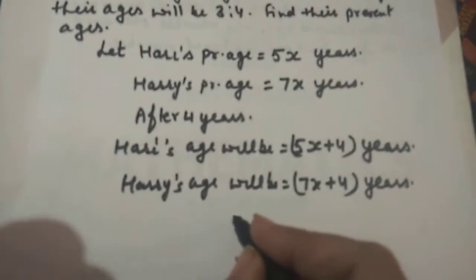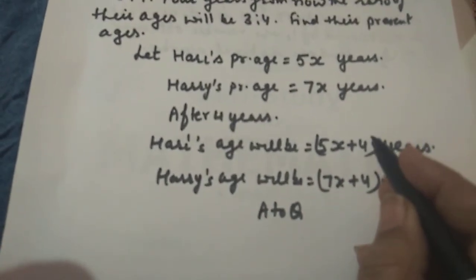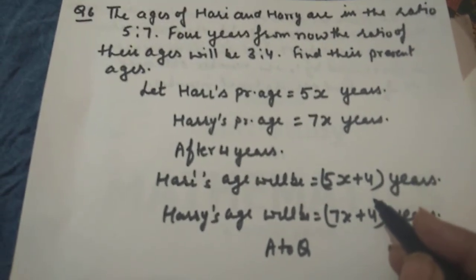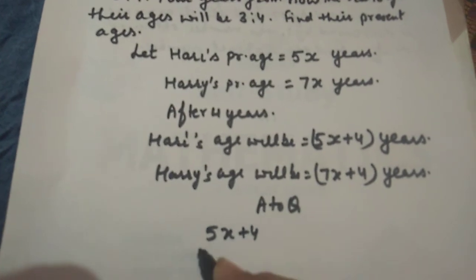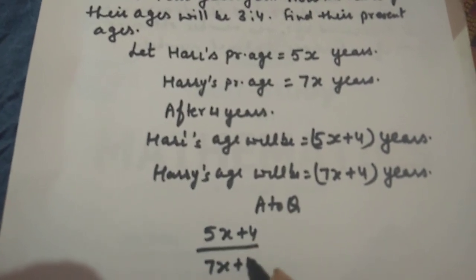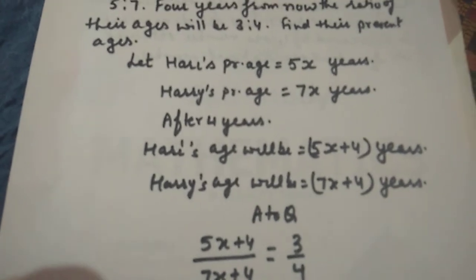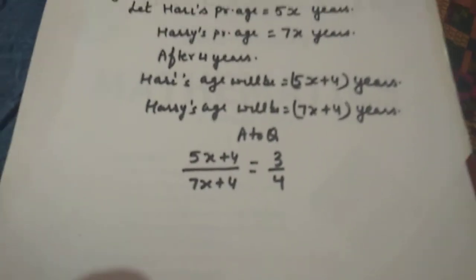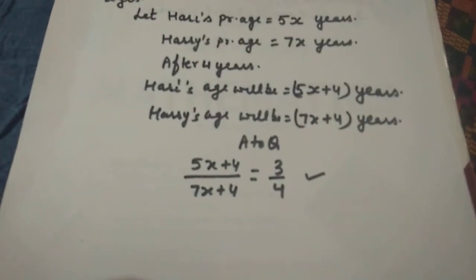Now according to the question, he says the ratio of their ages will be 3:4. (5x plus 4) upon (7x plus 4) is 3 upon 4. Now we have to solve this. This is our equation which we have to solve by the same procedure.